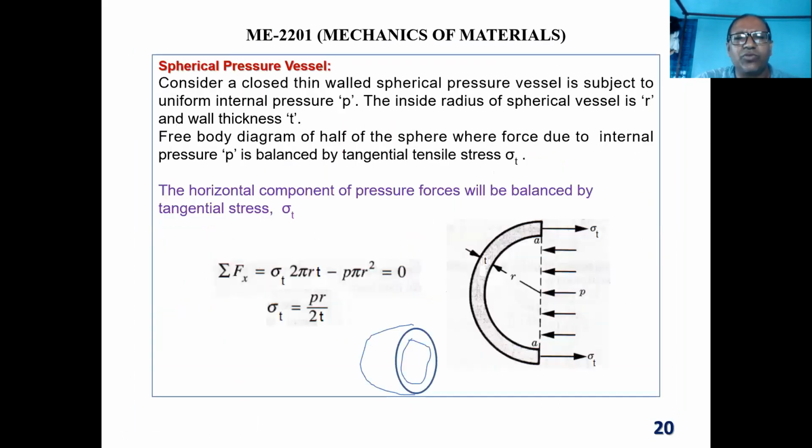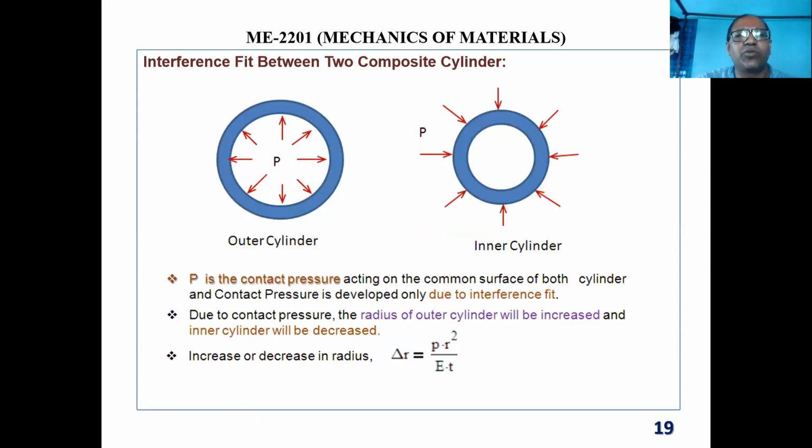It was better to put one more line for you. What I would like to say is that delta R means initial interference: how much interference in radius between two cylinders.